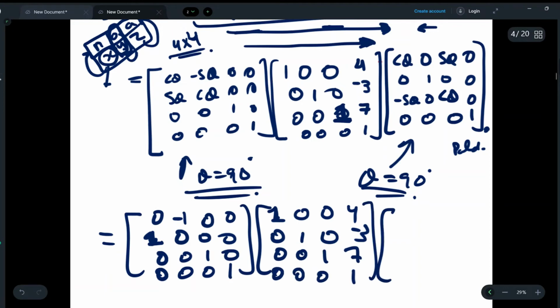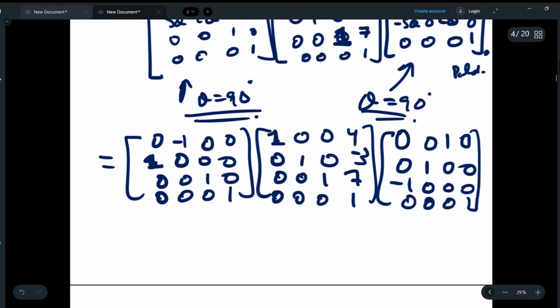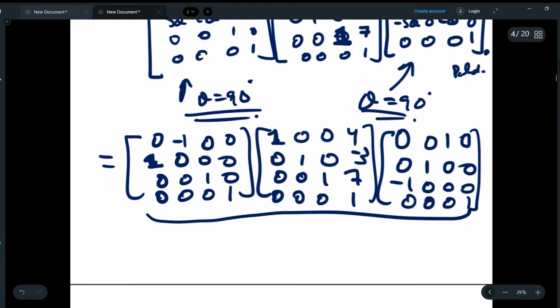And lastly we will have cos theta, where we will put the value of theta as 90, so we will get 0 over here, 0, 1, 0, 0, 1, 0, 0, minus 1, 0, 0, 0, and 0, 0, 0, 1. And we will multiply this resultant by p old.